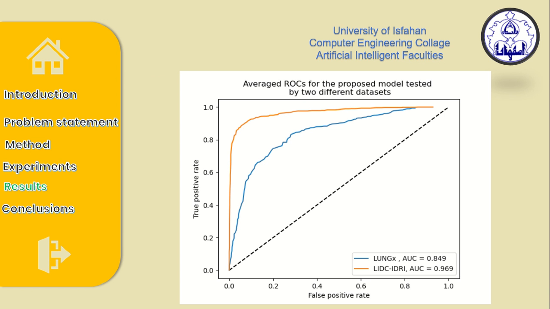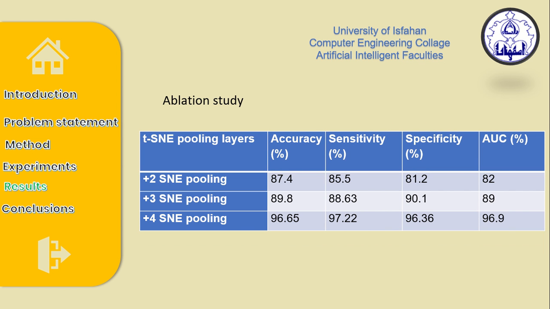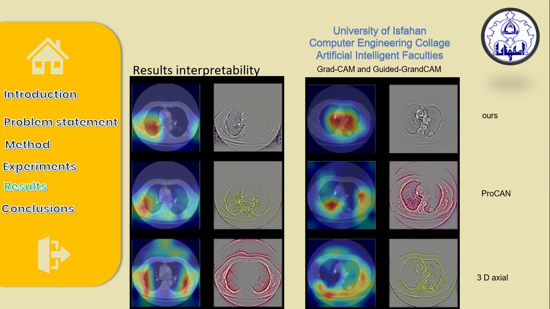Here is the visualization of ROC for our model based on LangX and LIDC. Here is the ablation study based on different pooling, and here based on different numbers of snip pooling. Of course, with 4 snip pooling the best result can be obtained. Here is the visualization using GradCam and guided GradCam for the baseline methods, Broken and 3D axial.